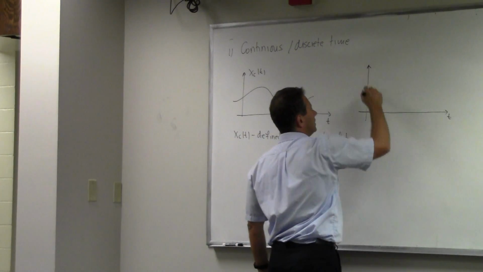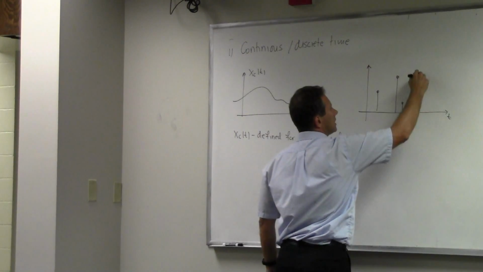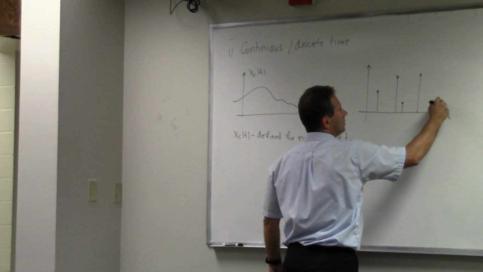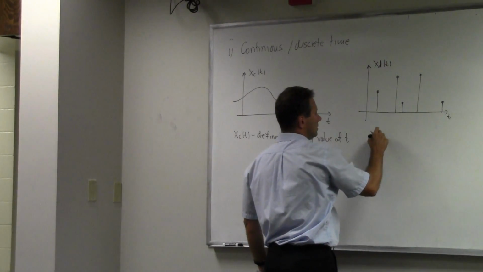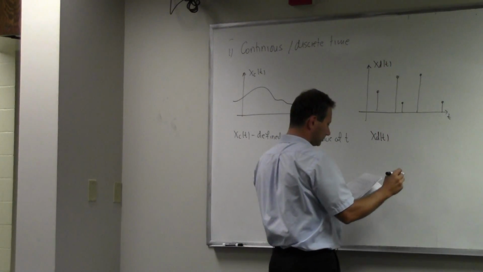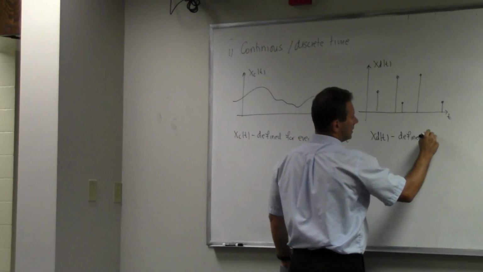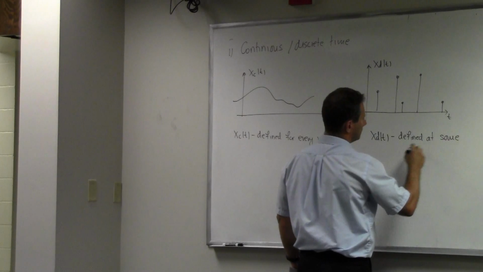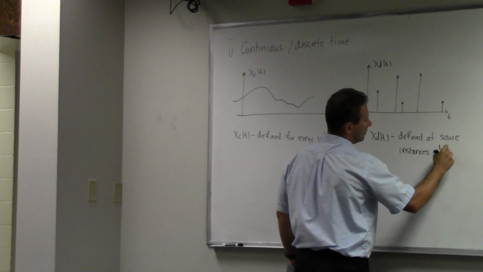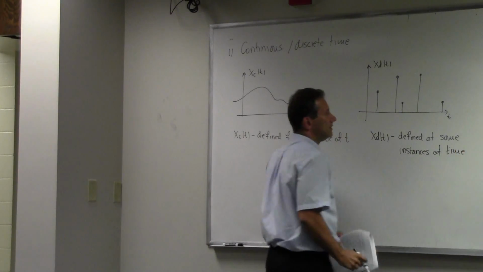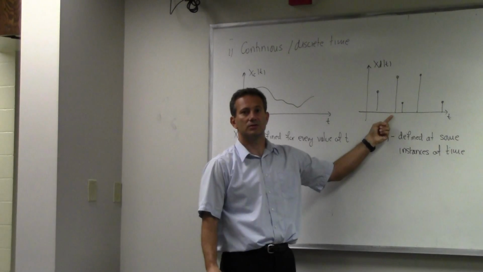Now, the alternative to that is the signal that only exists for some points on the t-axis. So this is xd of t, which is only defined at some instances of time. Now, that doesn't mean that it is 0 here, right? It's not 0 here.